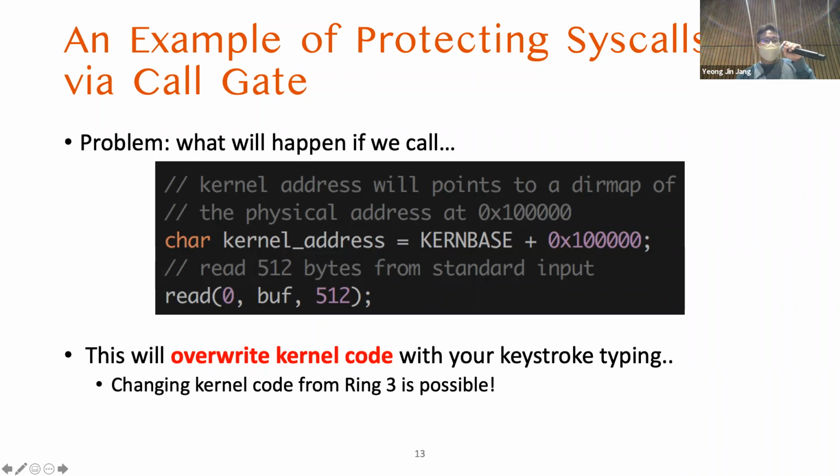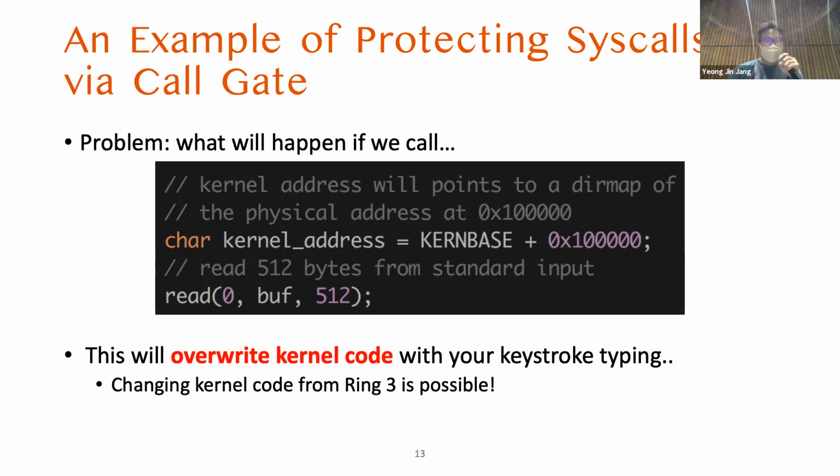Now, think about putting this address as the buffer address. It's something like: please read from the console, but put the console data into the kernel code area. Then if I type something, we can directly modify the kernel code. And that should never happen, right?